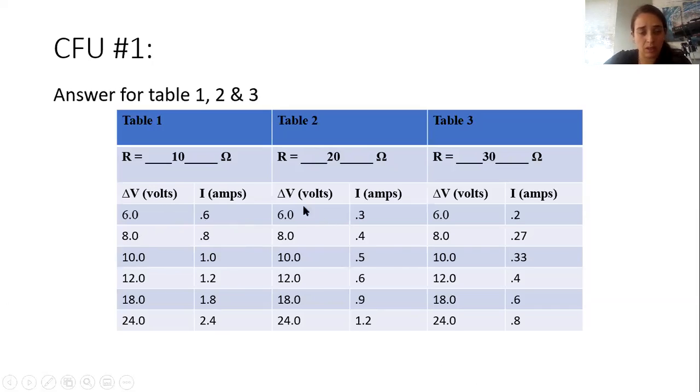And then over here, the same, as the voltage increases, I have this 20 ohm resistance, and then my current increases in this pattern. And over here, my resistance is 30, then the voltage increases in the same way as the other ones, but then my current increases in a different type of pattern. And so if your classwork looks different than this, please fix it so that it mimics what's on this table.